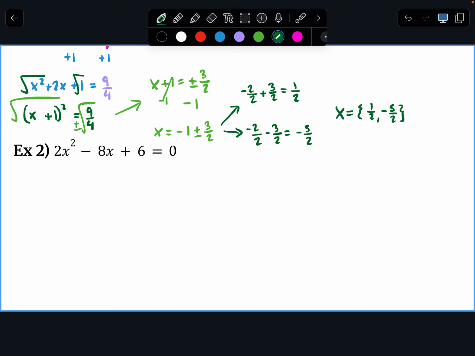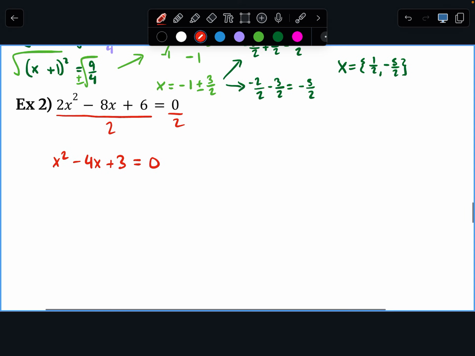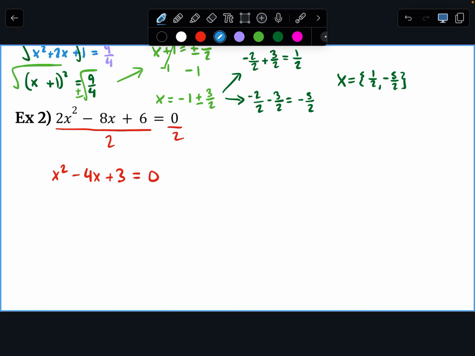Let's look at example 2. So again, what's my first step if I see a coefficient? I want to do what? Divide by 2, divide by 2. So we have x squared minus 4x plus 3 equals 0. Now I need to look at b. I'm skipping a step. What do I need to do next? Minus 3.